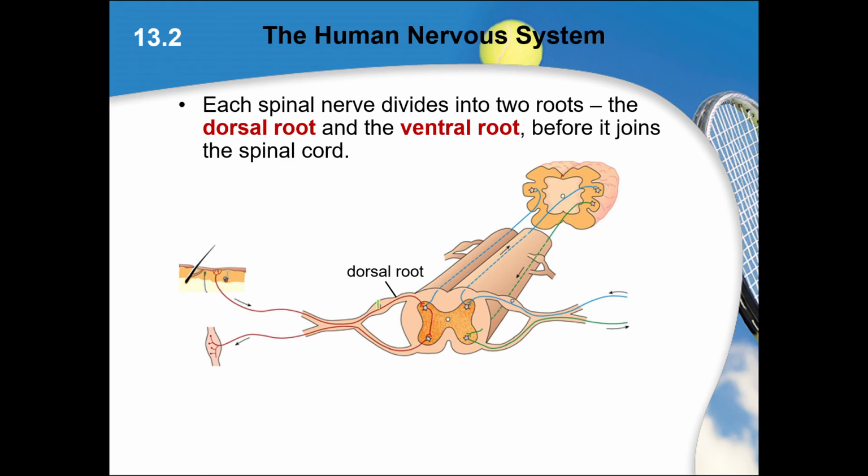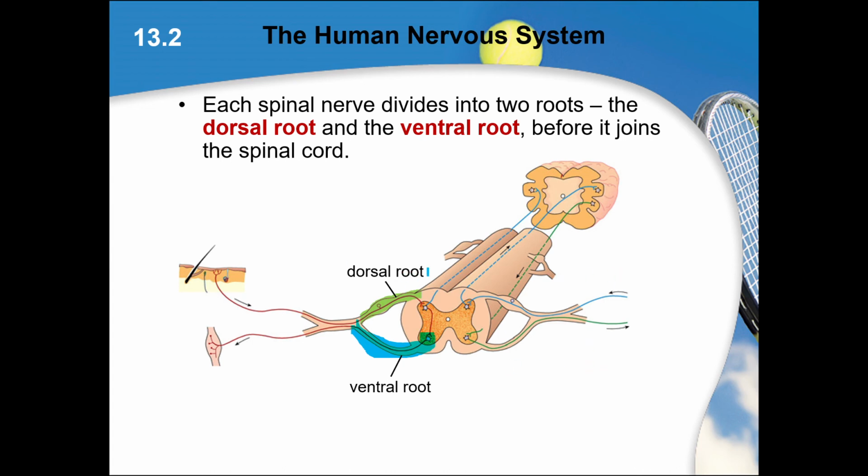The dorsal root is here in green, and you can see that it is mainly made up of sensory neurons because of the regularly shaped nucleus over here. The ventral root, which I'll highlight in blue, is mainly made up of motor neurons, because you can see that the cell body starts right at the start and is not somewhere in the middle like the sensory neurons.